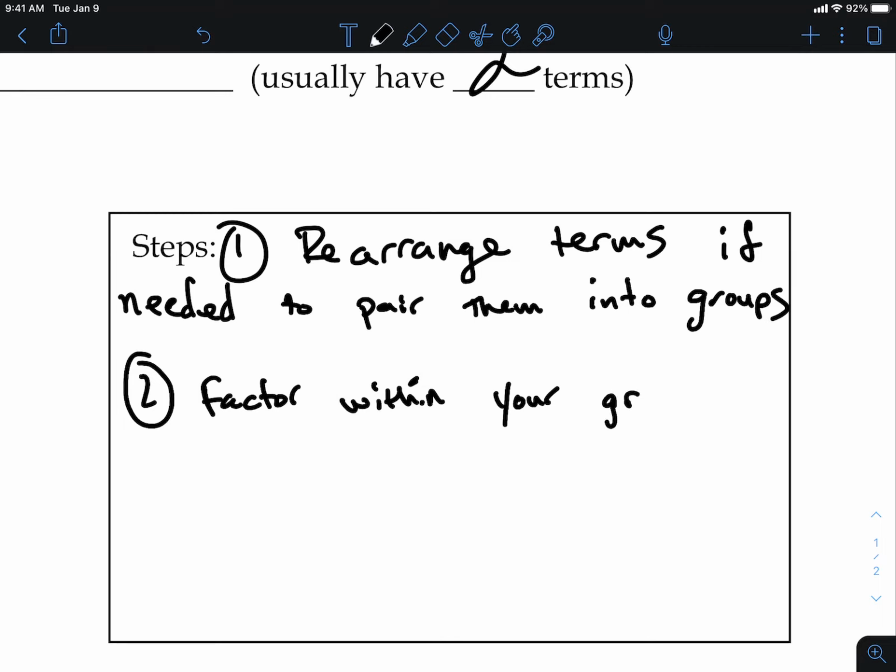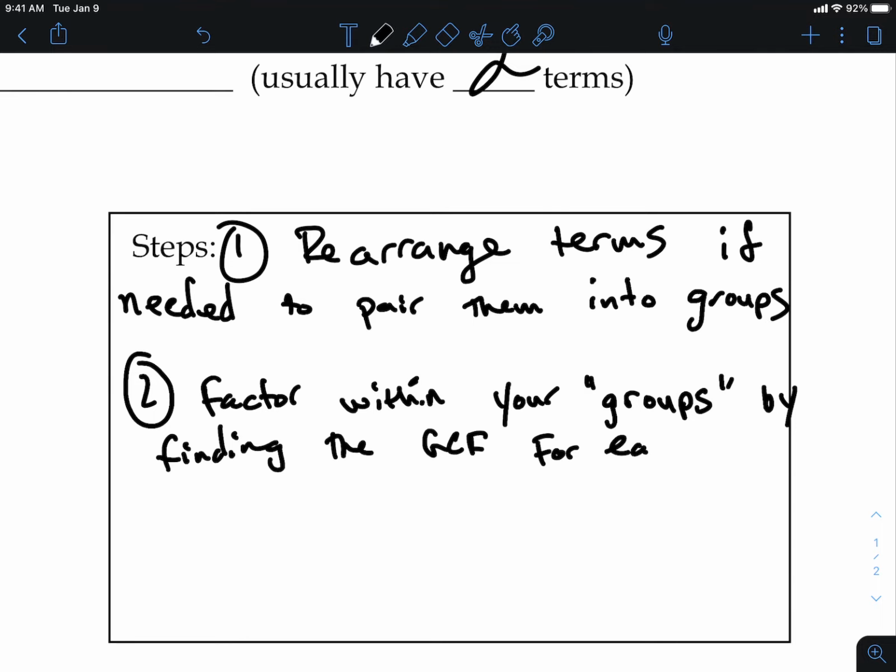I'd probably say too many words and it wouldn't fit in the box. The third step is then common factor.